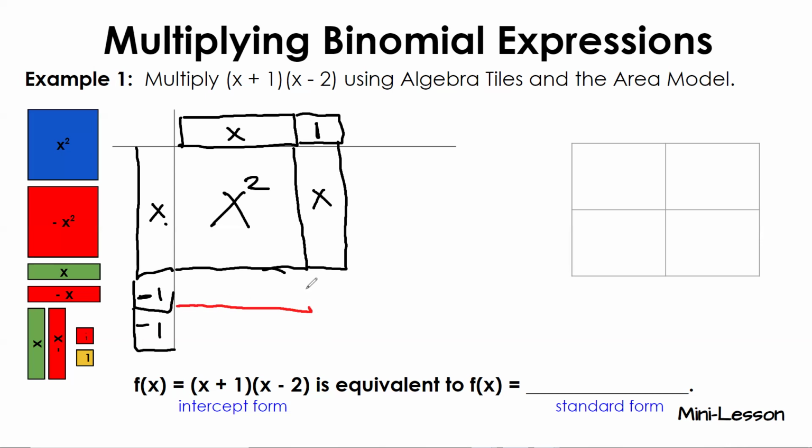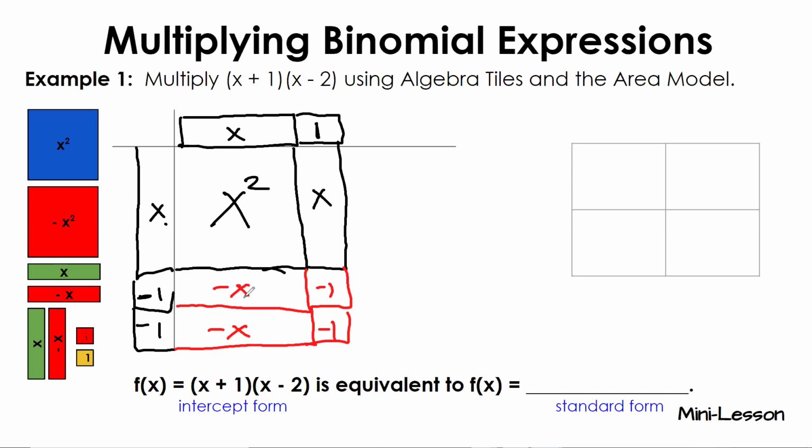Okay. And then we have another -1 times x. So that gives me a -1x. And then we have this little spot over here. We got -1 times 1, which is -1. And -1 times 1, which is -1. Okay. All right, so now we've completed our little rectangle.